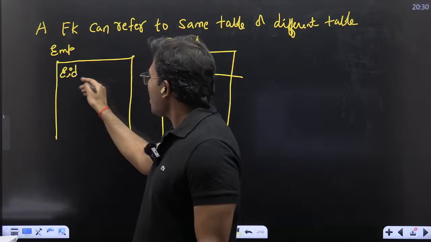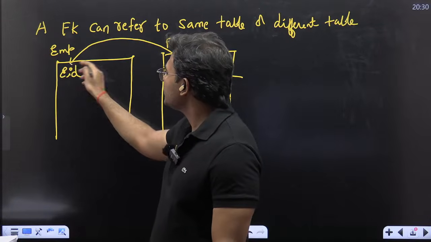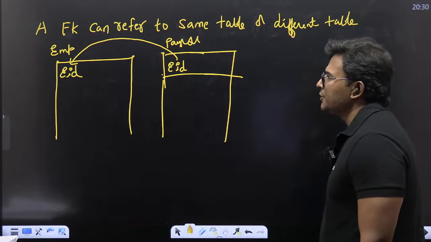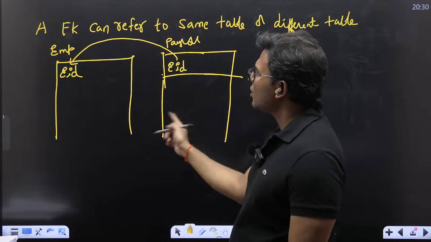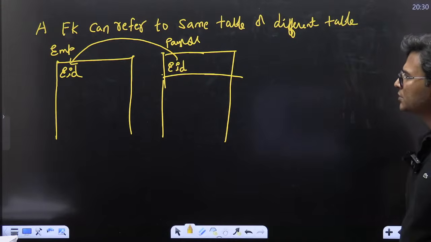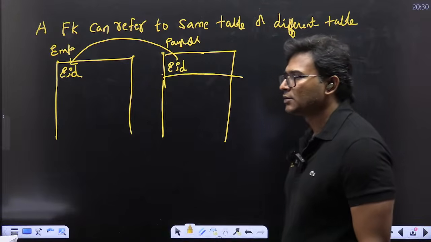Now there are two different tables, and one foreign key is referencing the primary key or alternate key of the other table. So this is an example of a relation between two tables. Sometimes even three tables can be related.